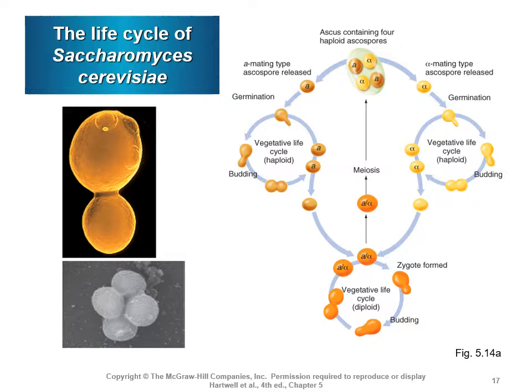So all 4 haploid products of each meiosis are contained within an ascus, which is a sac. And then the ascospores, the haploid spores, can germinate and survive as viable haploids that divide by mitosis.